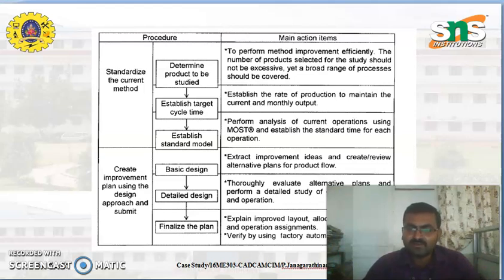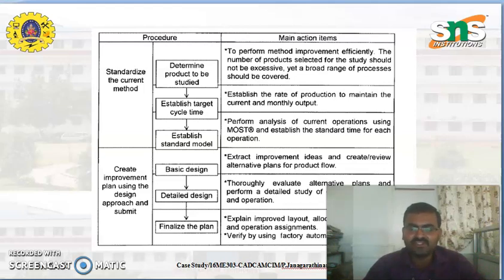Then evaluate the alternative plans and perform a detailed study of each process step and operation. Finally, explain the improved layout, allocation of operators and operations assignments. Finally, we have to implement the automation system for reducing the labor requirements.